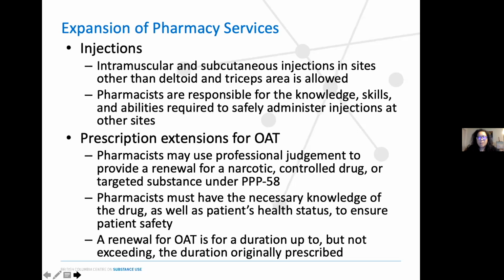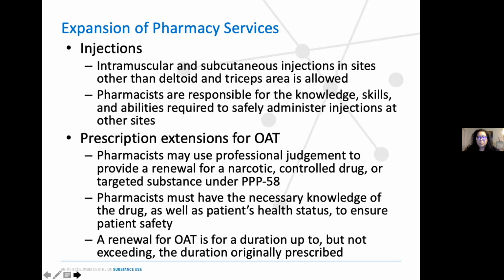We can also now extend prescriptions. So if a patient does not show up at the clinic, and they've been showing up every day, we can use our professional judgment to extend the last prescription length if needed. This is important because we're looking at retention from the OAT perspective, right?